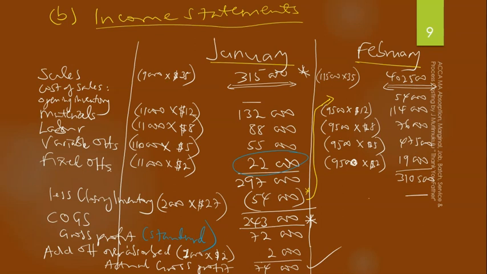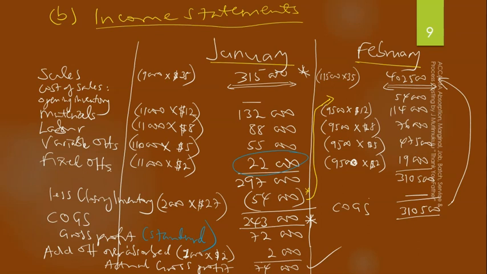So we are only left with the cost of goods sold. Cost of goods sold is now 310,500. We then have to deduct this figure from the sales figure of 402,500.